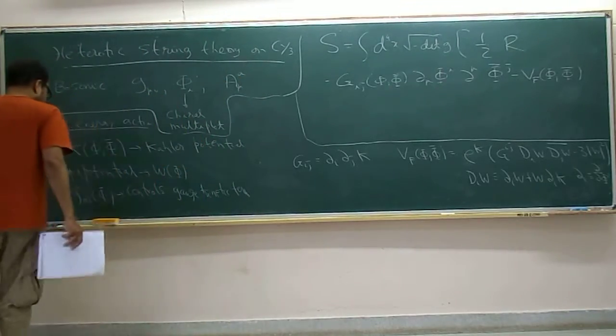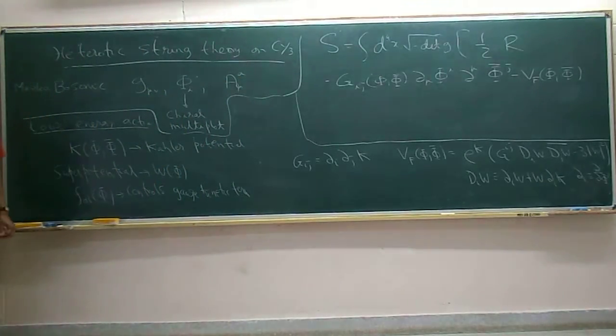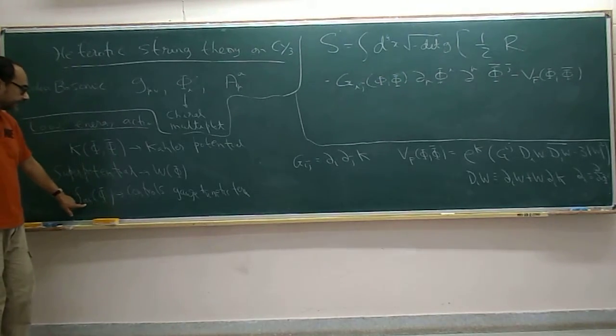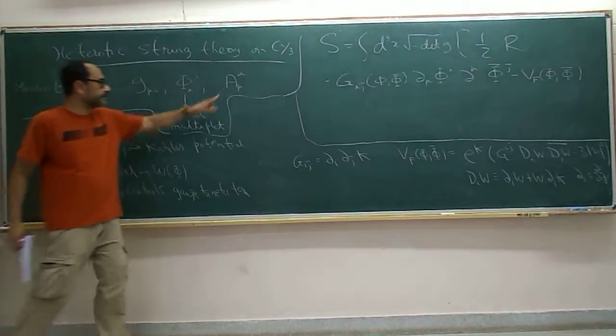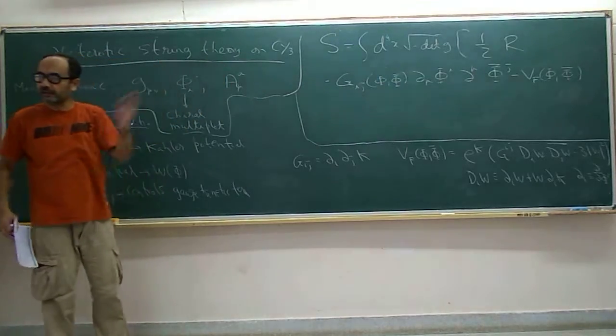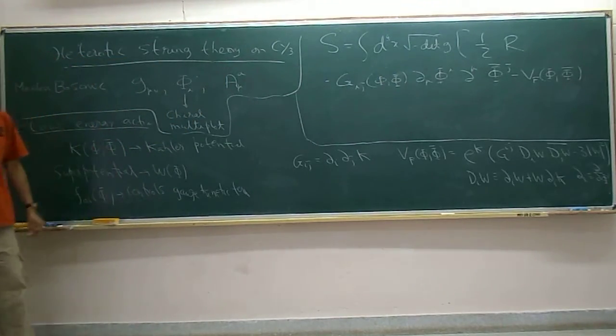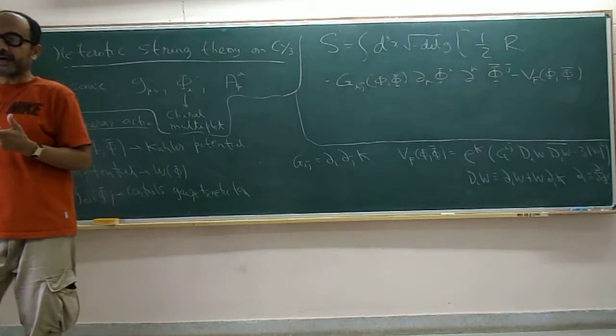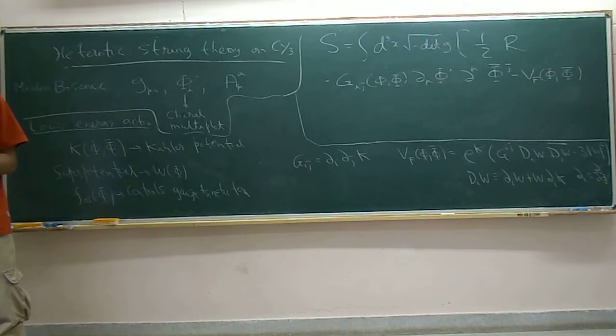Okay, so f_AB of phi is an analytic function of phi. The indices are the gauge indices, which could be U(1), which could be non-abelian. This controls the gauge kinetic term. And then one more piece of information that we need is how the gauge transformation acts on the fields.